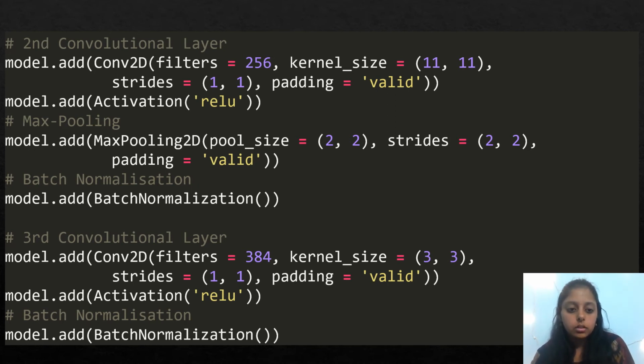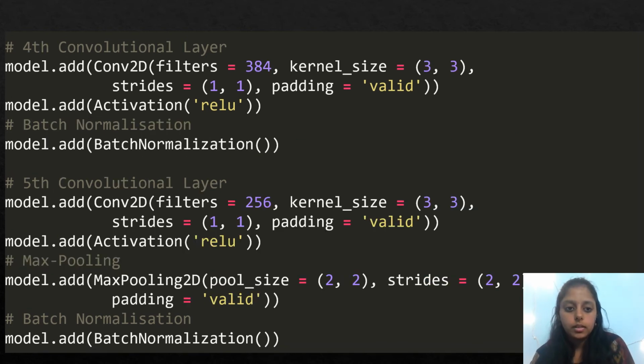In the same way, the third convolution layer has 384 filters and the kernel size is 3 by 3. Even here the strides need not be mentioned, but for our convenience I've mentioned them, and the activation function is ReLU. In the same way we describe convolution layers 4 and 5.